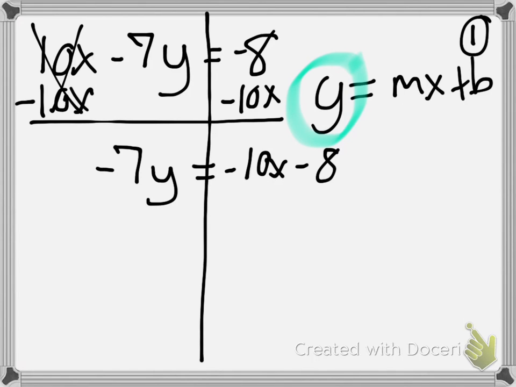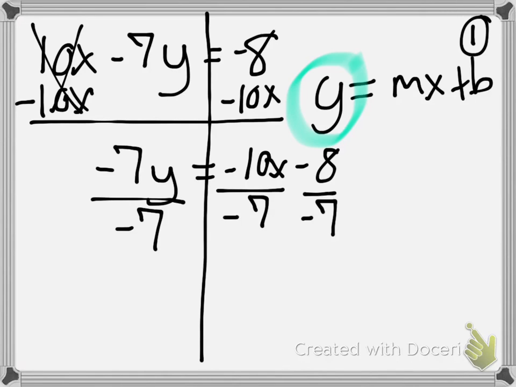Now, if you notice, I still don't have y by itself because that 7's there. So what I need to get rid of next is just the negative 7. And now that the negative 7 is right next to it, I'm going to divide. And when you divide, you have to divide everything.